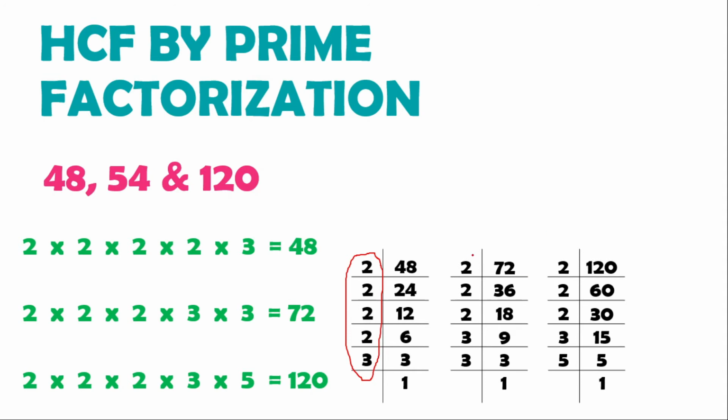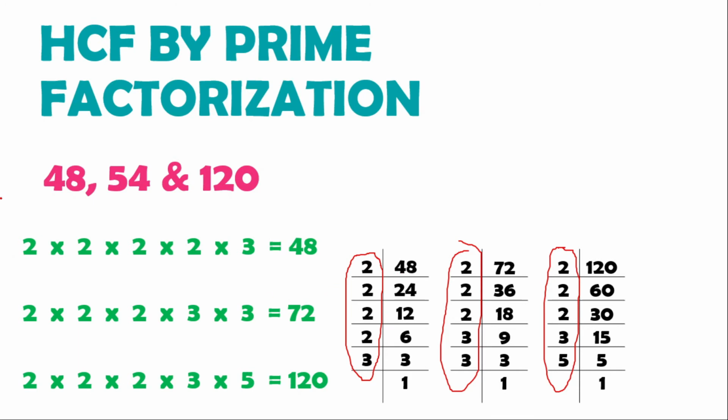Now for 72, in the prime factorization of 72 we have found 2, 2, 2, 3 and 3 as the prime numbers. And in 120 we have found 2, 2, 2, 3 and 5 as the prime numbers in the prime factorization of 120. Now let us write them down.